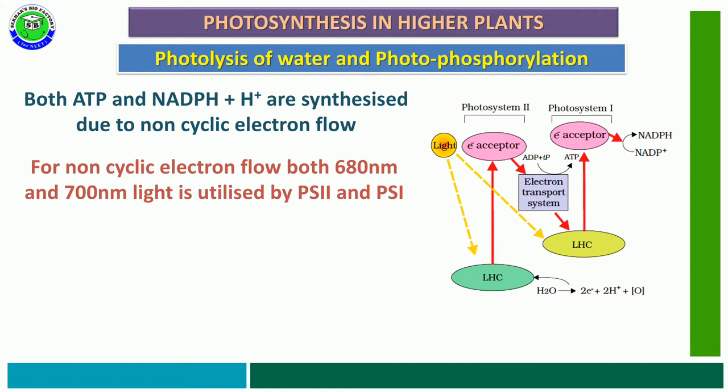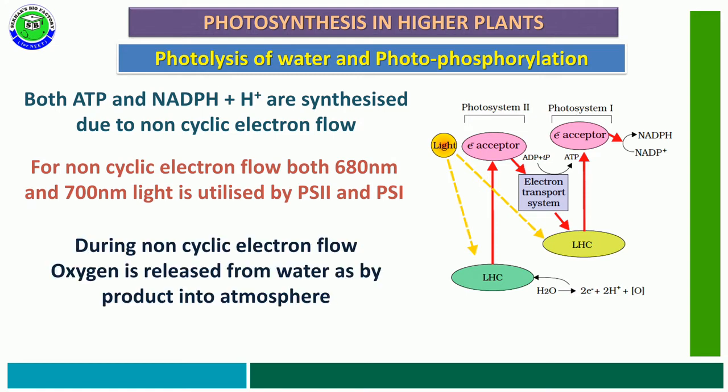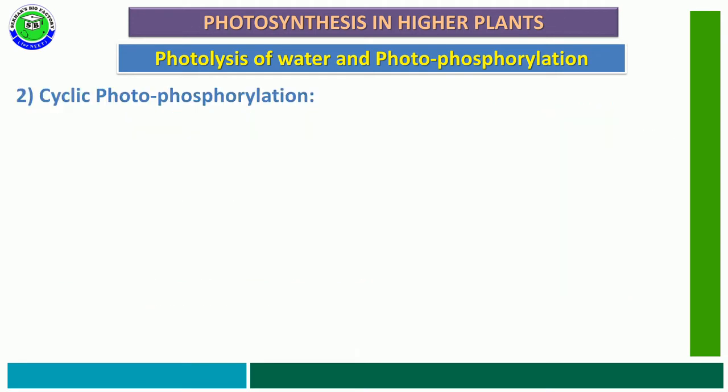For non-cyclic electron transportation, both 680 nanometer and 700 nanometer light is utilized by PS2 and PS1 respectively. And during this non-cyclic electron flow, oxygen is released from water molecule as a byproduct, and this oxygen is diffused into atmosphere.